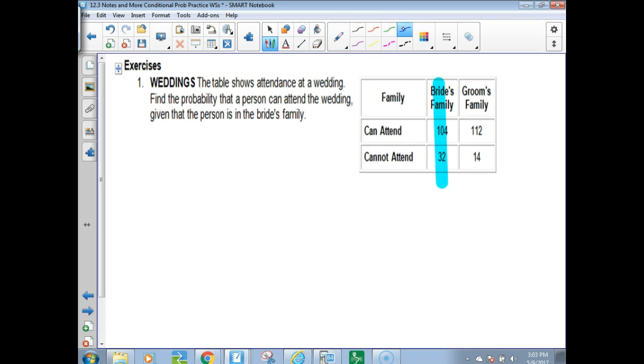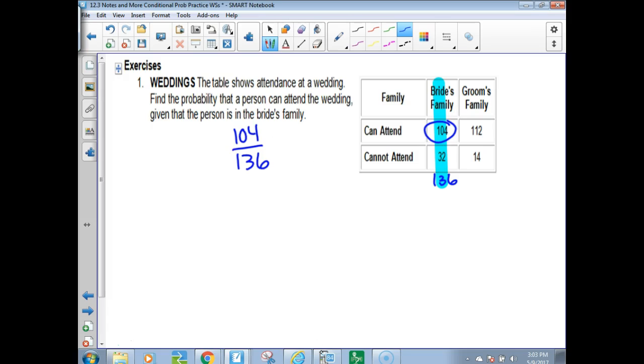How many people are in her family? 104. Come on, guys. 136. Thank you, Allison. All right, find the probability the person can attend. How many of those people can attend? 104. Okay, so we got 104 people that can attend out of 136 in the bride's family.